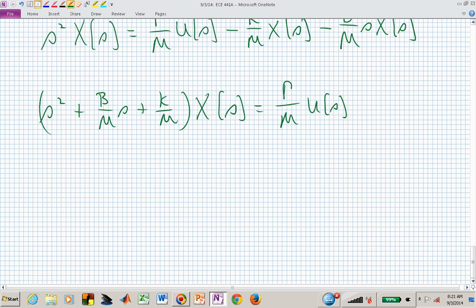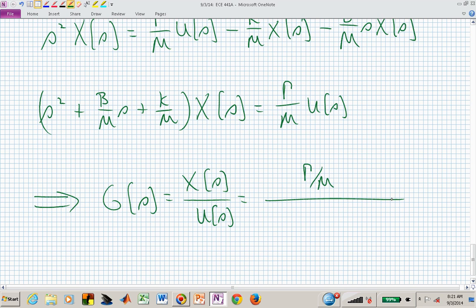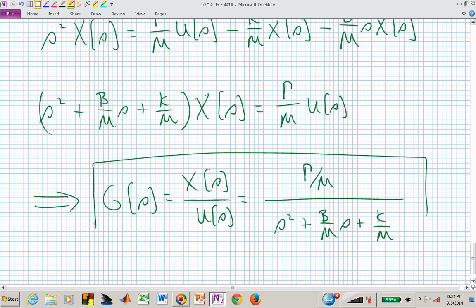And if I cross multiply, I now have my transfer function, g of s. I have now upstairs gamma over m, and downstairs I have s squared plus b over m s plus k over m. And again, I found the same transfer function for the mass spring damper system when I started from a different representation initially.